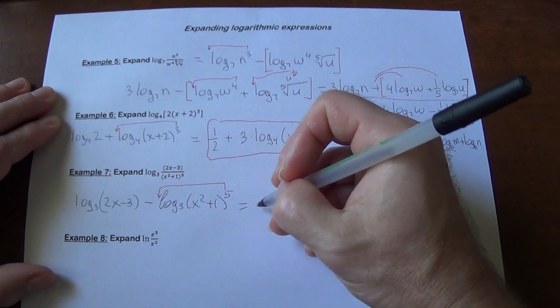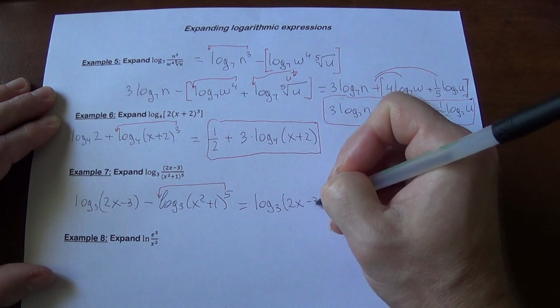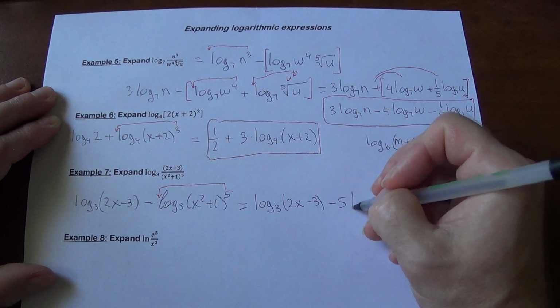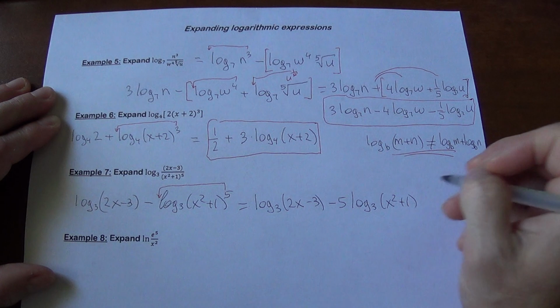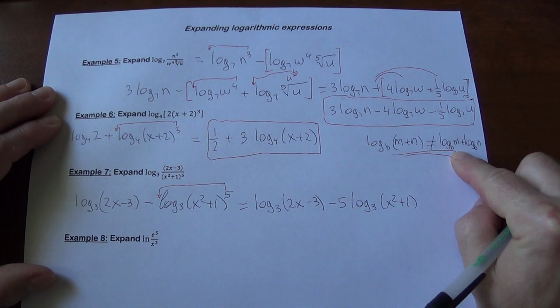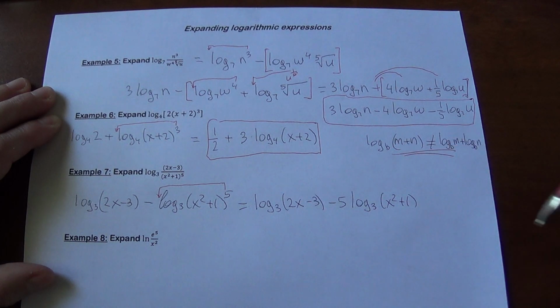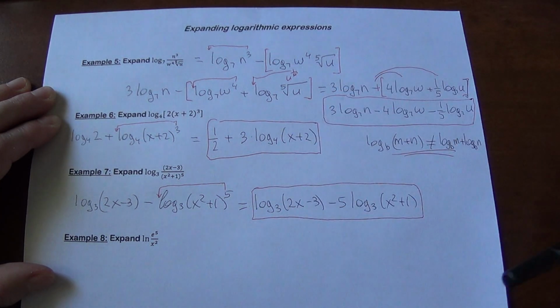So we're going to get log base 3 of (2x minus 3) minus 5 log base 3 of (x squared plus 1). Same thing that I mentioned here. You cannot distribute that in any way. This is precisely how it's going to stay.